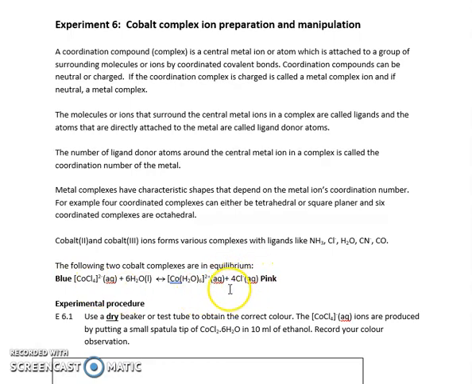So if we are adding more chlorides, it will favor the reverse reaction. Which means your hexaaquacobalt(II) will change and form tetrachlorocobaltate(II).